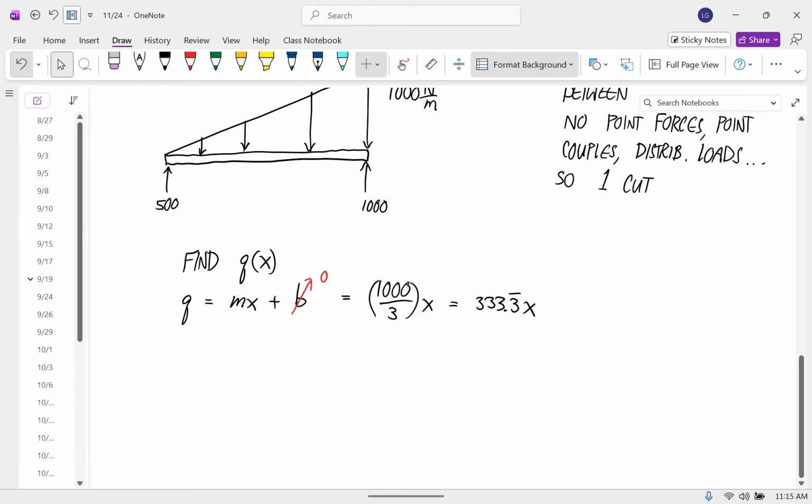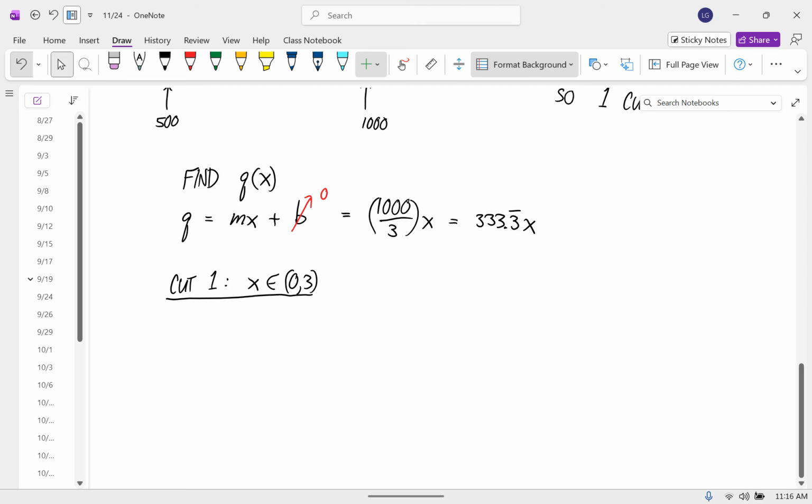Okay, so now we're going to do our cut. And this is valid for any x's between 0 and 3, not including the endpoints of that interval. And so I'm going to do this thing where I draw what we're including and what we're not including.